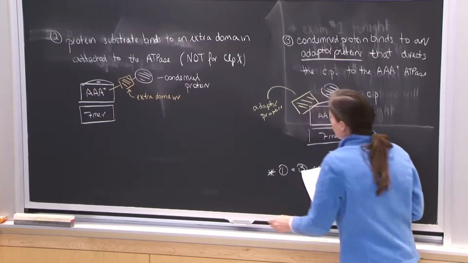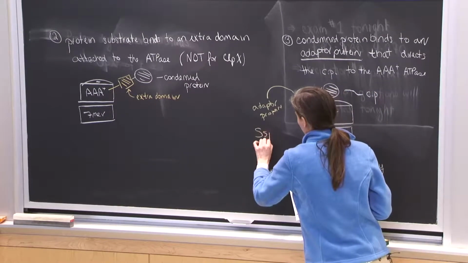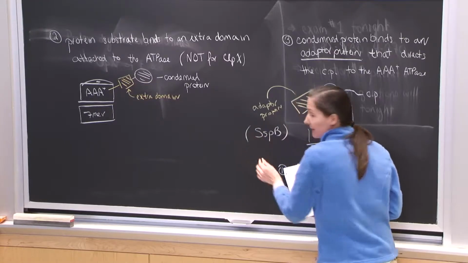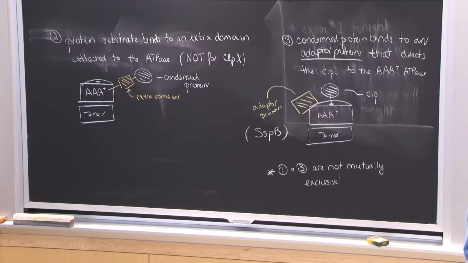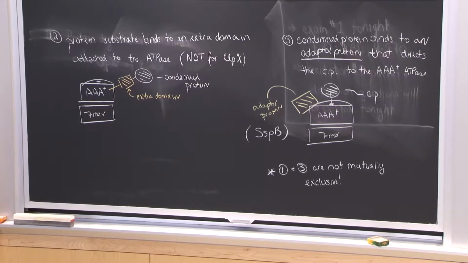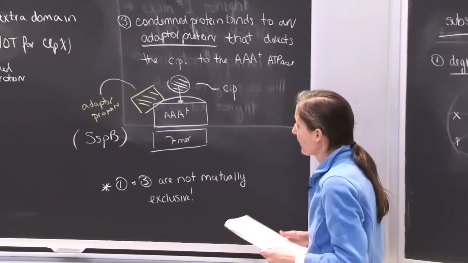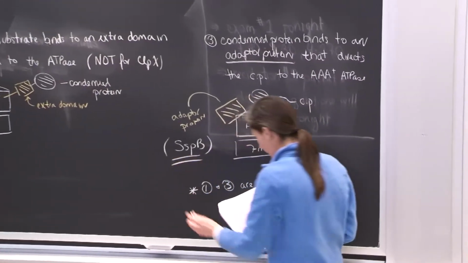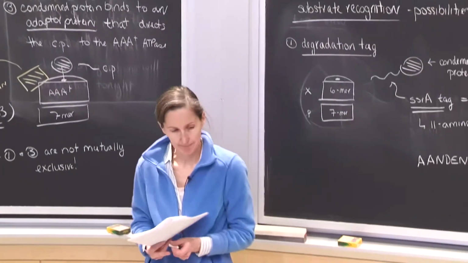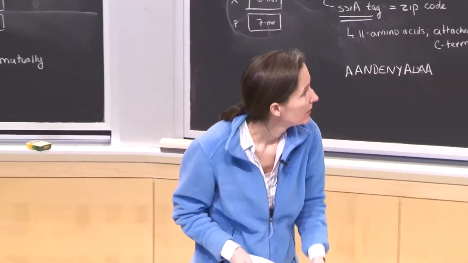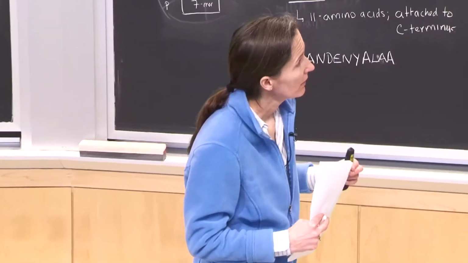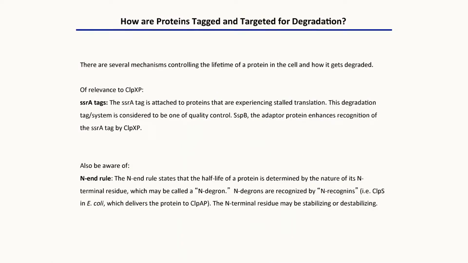There's an adapter protein named SspB that can help deliver SsrA-tagged polypeptides or proteins to the degradation chamber here. So we're going to think about these SsrA tags quite a bit.